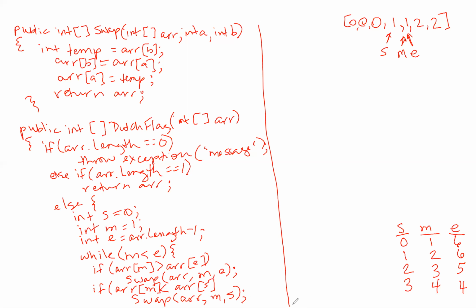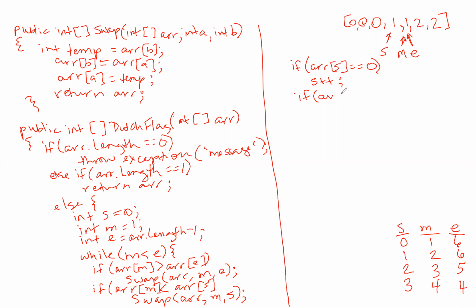Then we just need to set up our conditions to make sure that we are incrementing and decrementing the correct indices. If array at S is equal to 0, then we need to do an S++.